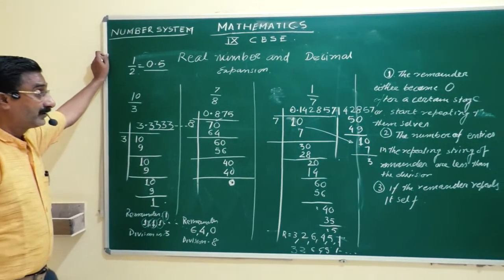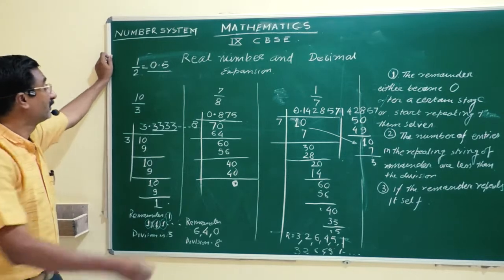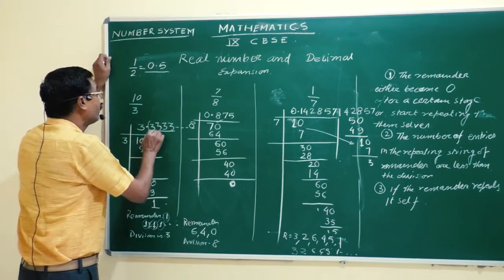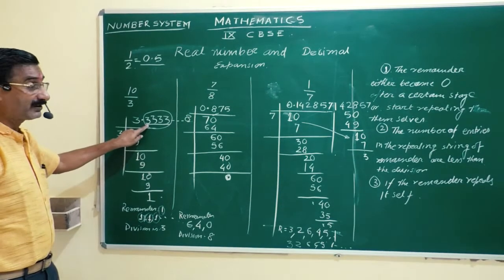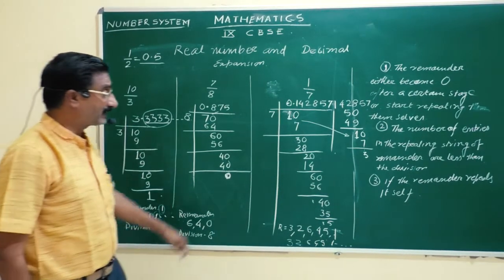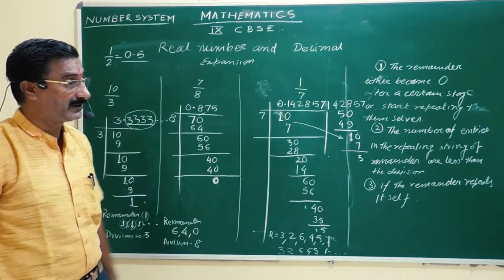The remainders are repetitive in nature. In the first case, they are repetitive from the first digit. In the case of the third one, a certain string is repetitive in nature.